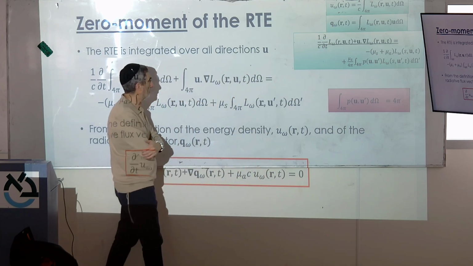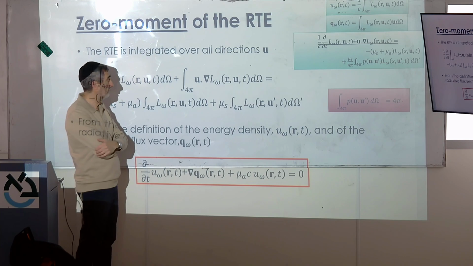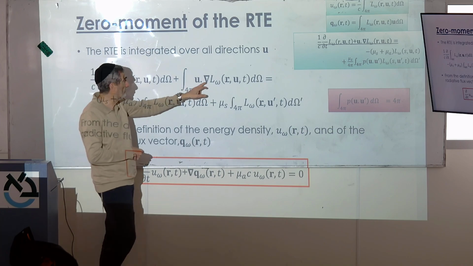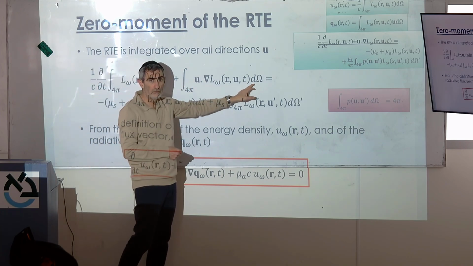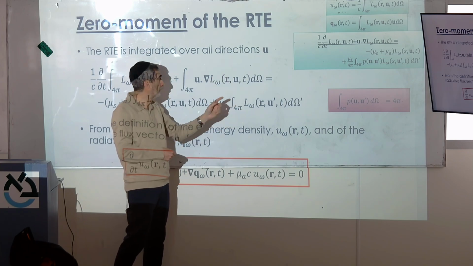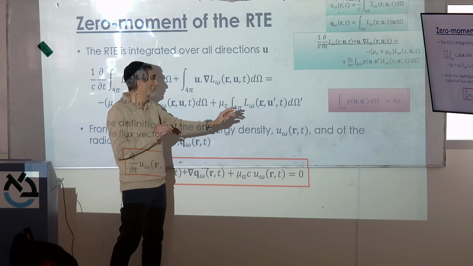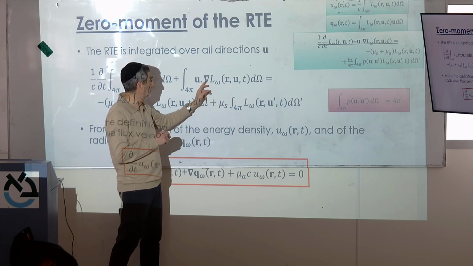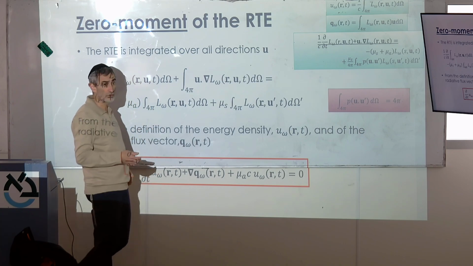The gradient is on the L. When you put it out, it's only on u. No, because it's only on r, I can take it out because the integral is only on u. The omega is just integrating over all possible directions. So u and r are completely independent variables, so I can take the derivative in r outside. That's a good question.